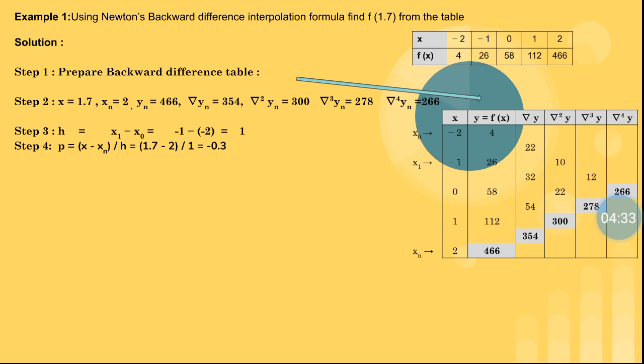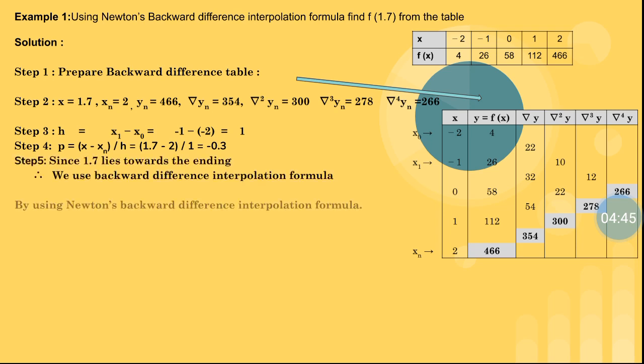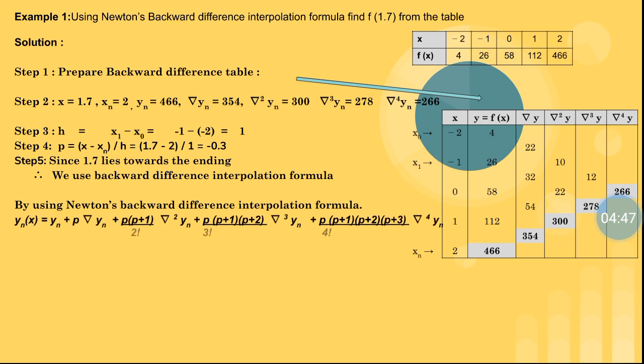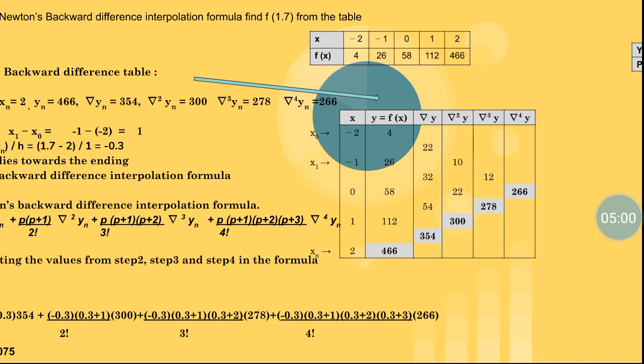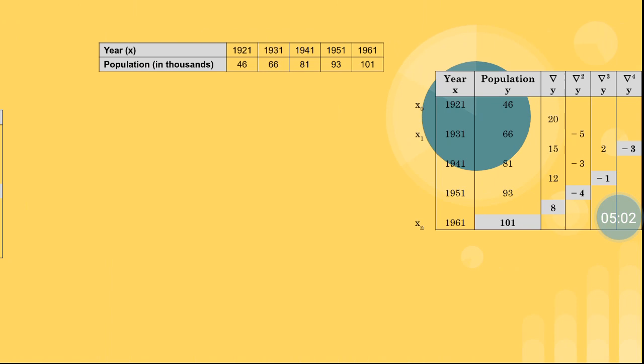X is given in the question as 1.7 minus xn, the last value is 2, upon h is 1, which is minus 0.3. Applying Newton's backward interpolation formula, now we have all the values with us. Let us substitute it. After substitution, we come to the answer 301.075.